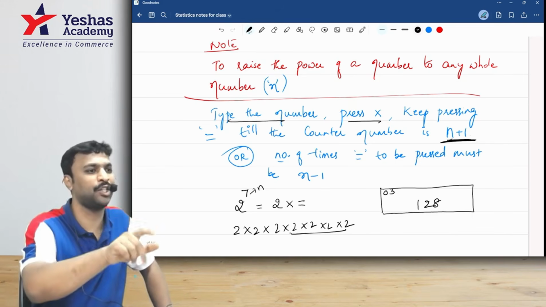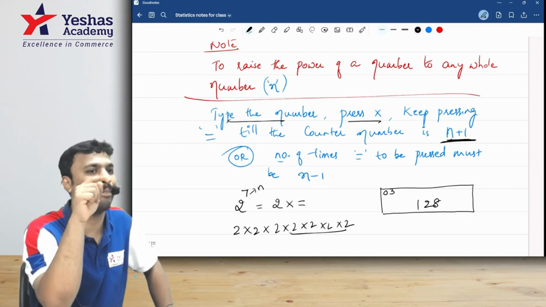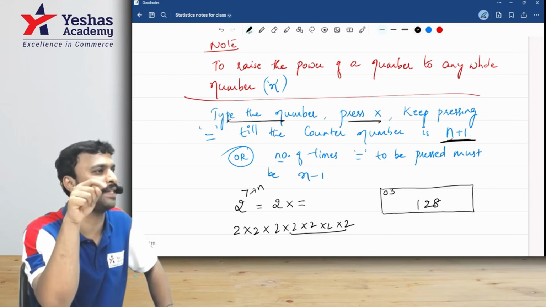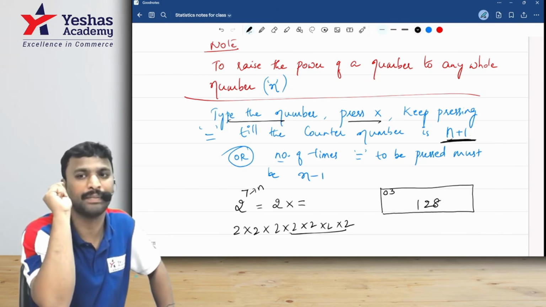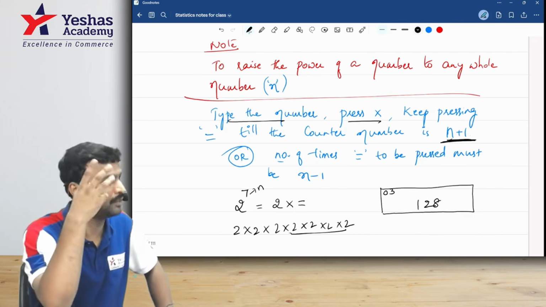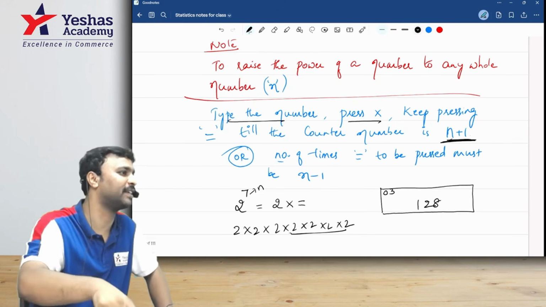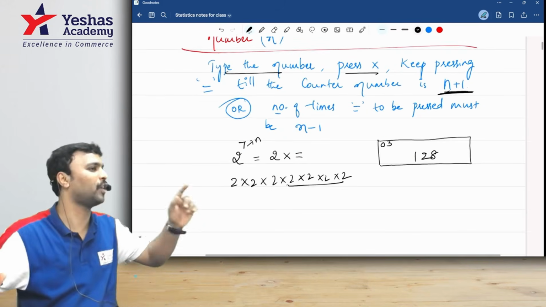Those who are using a Casio calculator, tell me if, when you keep on pressing equal, the value is not changing. I have a solution for that. The problem is with the Casio calculator.